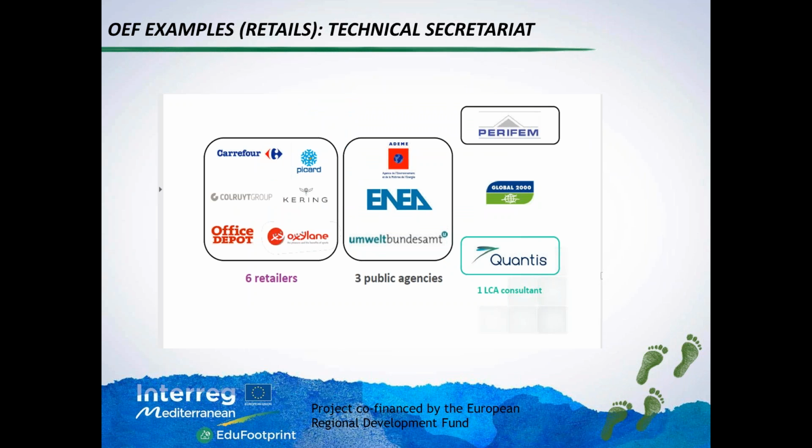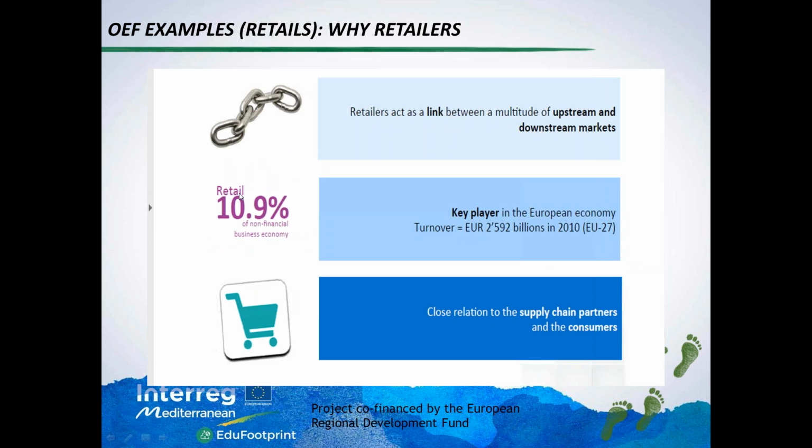Just a look at an OEF example study, which regards retail. This is the technical secretariat that is verifying the study. So you can see there are 6 retailers, 3 public agencies, 1 LCA consultant. Why retailers?